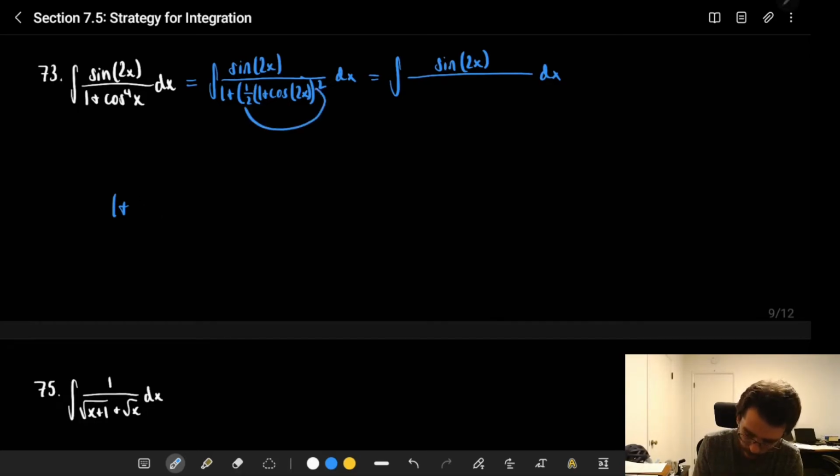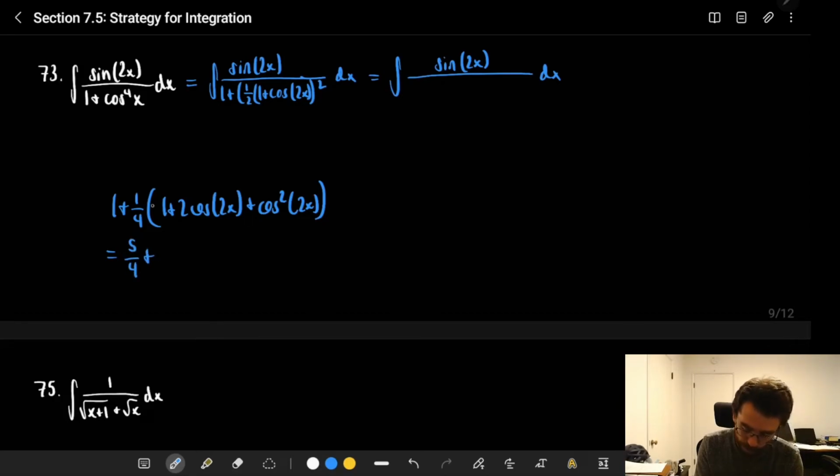The 1/2 squared will be a 1/4, and then all this squared will be 1 plus 2 cosine 2x plus cosine squared 2x. So that is 1 plus a 4th is 5/4. Plus a 4th times 2 is a half cosine 2x. Plus a 4th times cosine squared 2x.